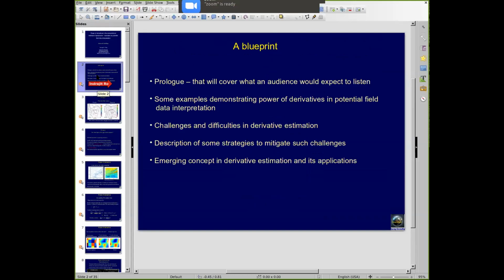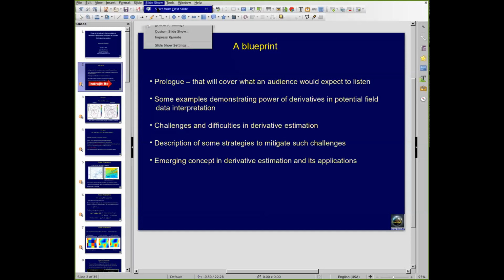Well, this will be the blueprint of my talk. It is a prologue that will cover what an audience would expect to listen, some examples demonstrating potential field data interpretation, challenges and difficulties, and description of some strategies to mitigate such challenges, emerging concept in derivative estimation and its application.